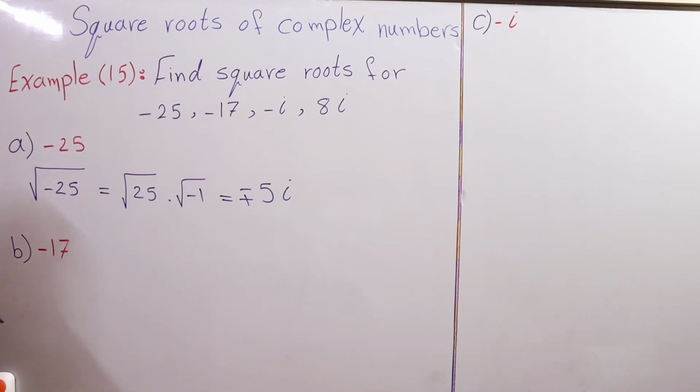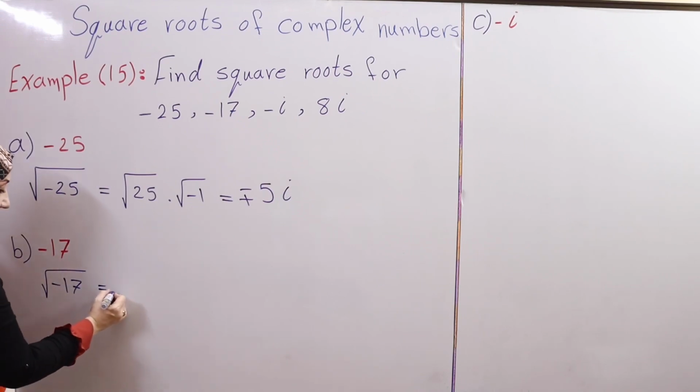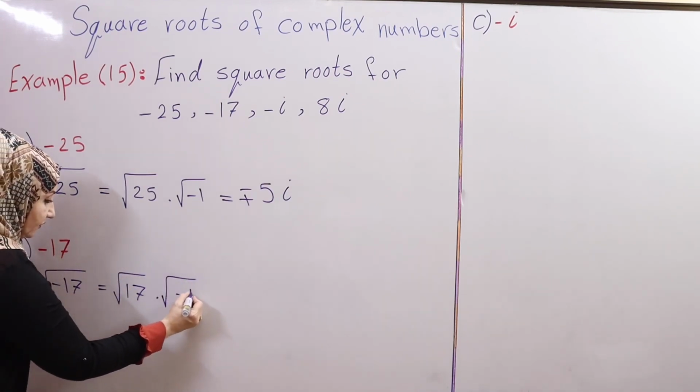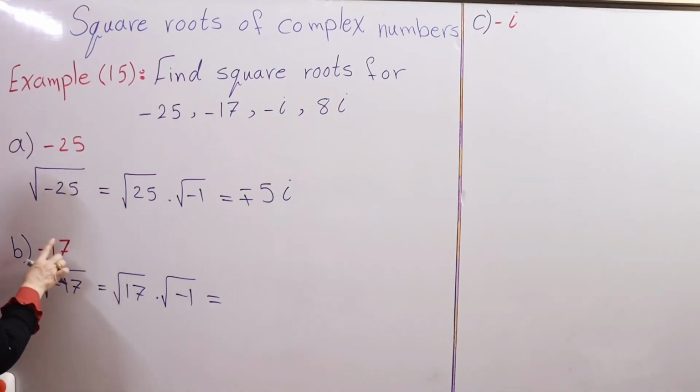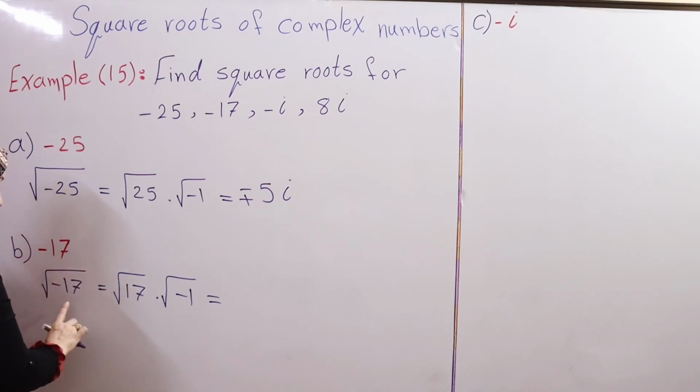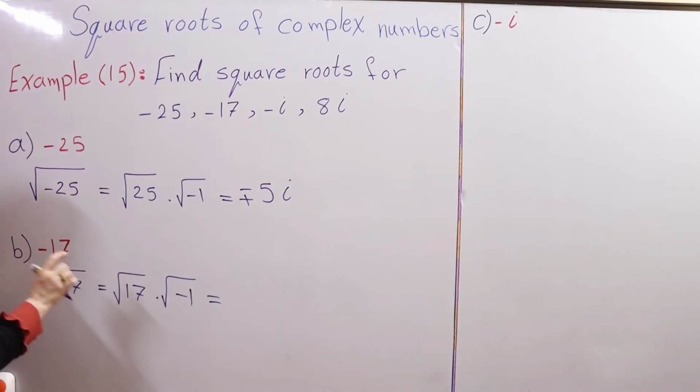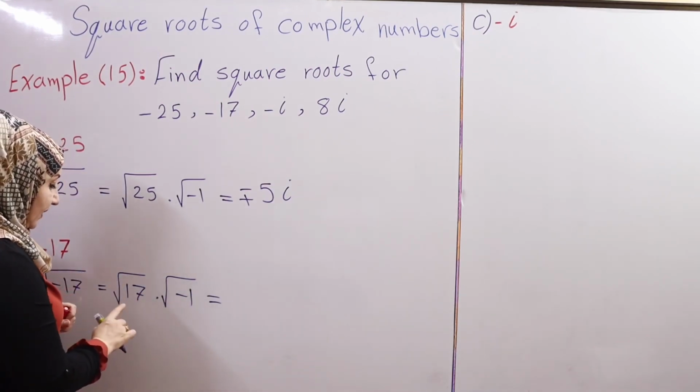Section B, we have the number negative 17, and we want to find its square root. I can write it as square root of 17 multiplied by square root of negative 1, separating the negative 1 under its own root to convert it to the form of i.